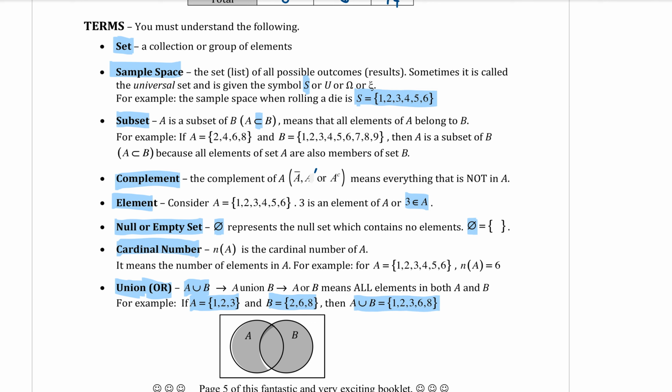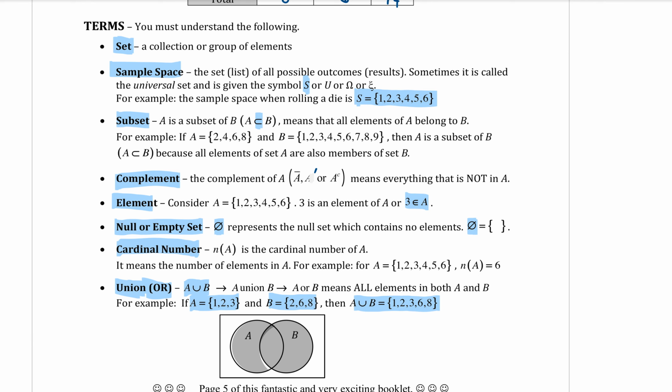Now notice, both of these sets had the number 2 in them. I don't write the number 2 twice in the union. So you have to look out for overlapping numbers. You don't just go, oh, there's 3 plus 3, which means there's going to be 6 things in the union. No, because there was an overlap. There's actually only 5 different elements in that union.